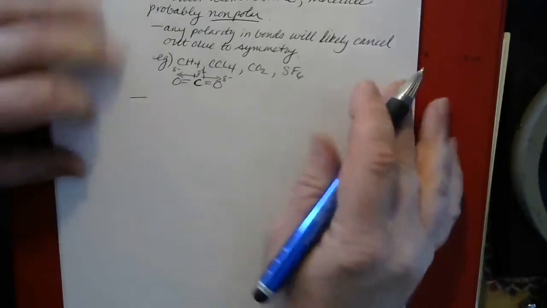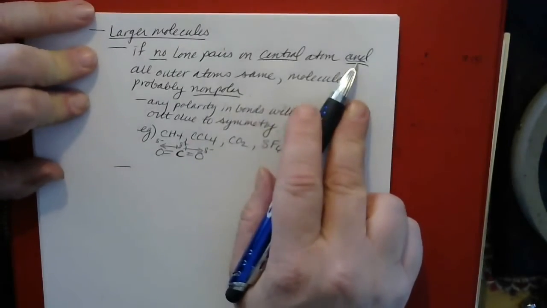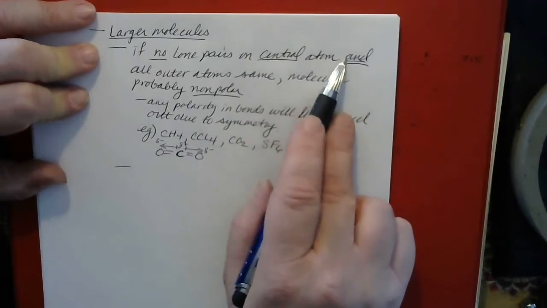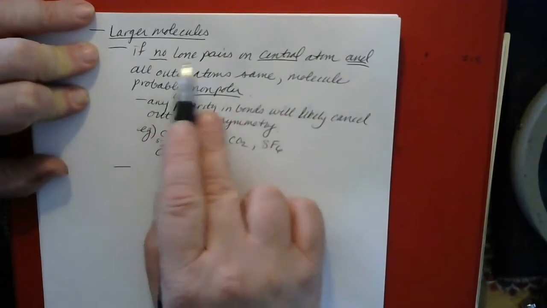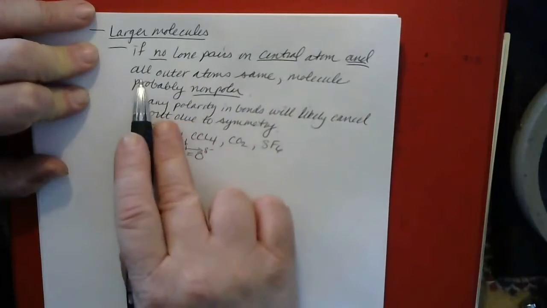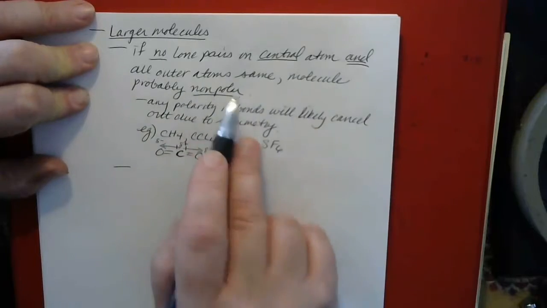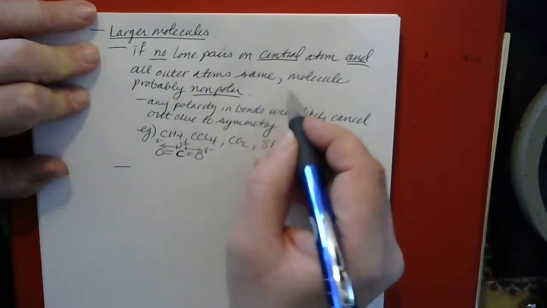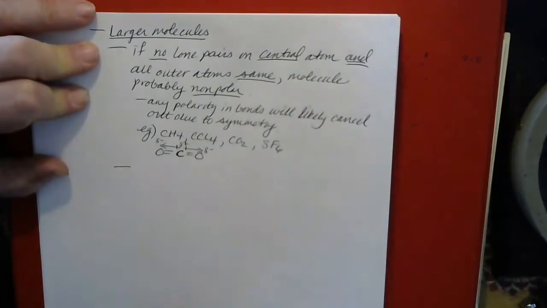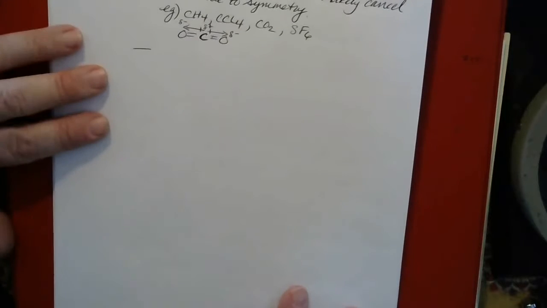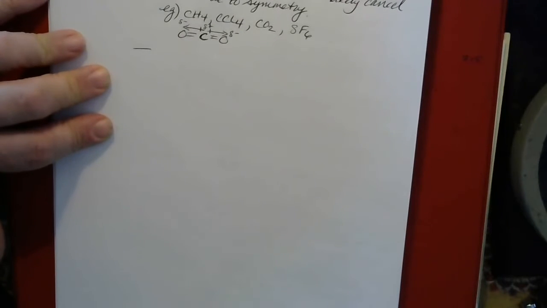Remember, I double underlined the "and" because both of these things have to be true. There have to be no lone pairs on the central atom, and all of the outer atoms have to be the same. Then it's probably nonpolar. If either of those things is not true, then it's probably going to be polar.